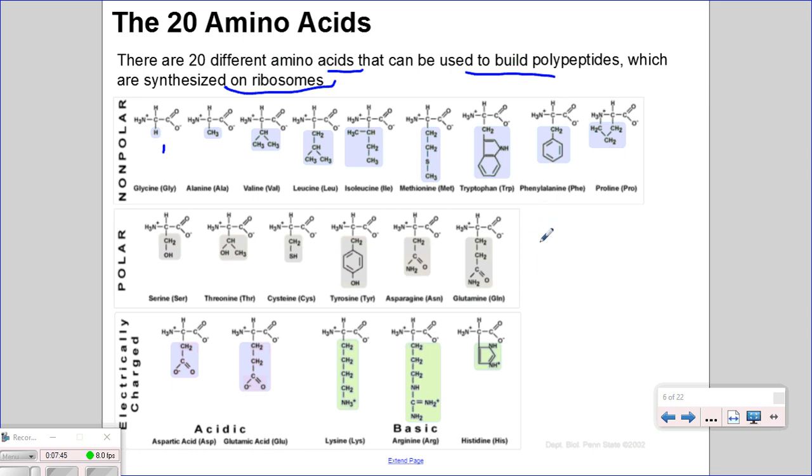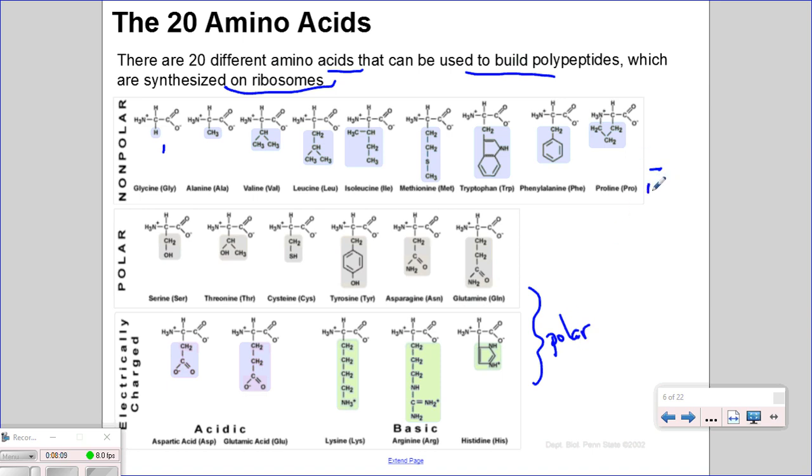And keep in mind that you do not memorize these R groups for the amino acids. So you need to be able to draw the general structure, and that is it. What you do need to know is that you have amino acids that exist as nonpolar amino acids, and we'll group these guys together as polar amino acids.